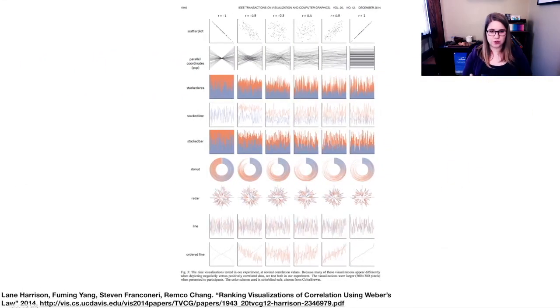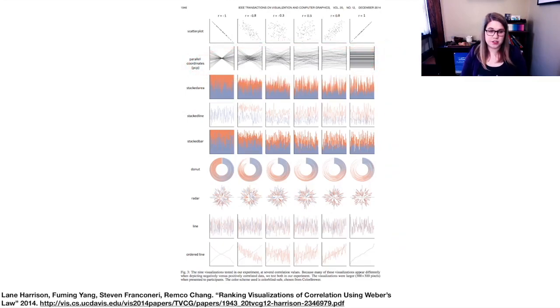And then they were able to rank these different ways of visualizing correlation. So this was, again, a perceptual experiment, sort of like the Cleveland-McGill experiments, and I think that they found that the scatter plot was maybe the best overall, at least if it was a positive correlation, and maybe it's harder for people to make the assessment if it's a negative correlation. Another one that is good is the parallel coordinates plot, and on and on.